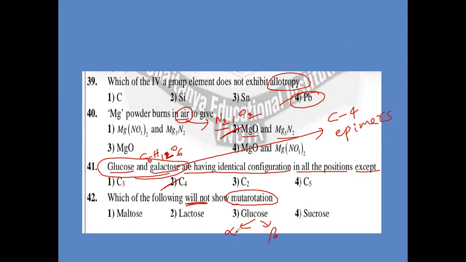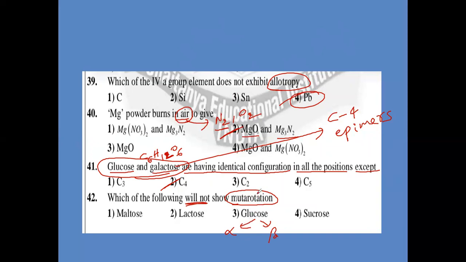So now the dextro rotation will change into levo rotation, and again levo rotation will change into dextro rotation. So the interconversion of rotation from plus sign to minus sign and minus sign to plus sign is called mutarotation.